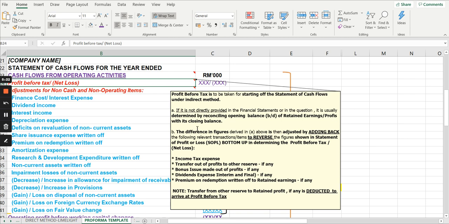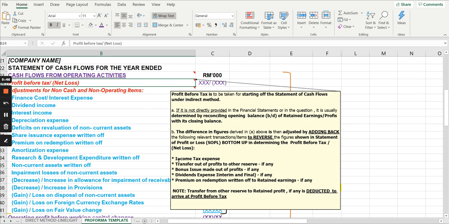The difference between the retained profit at the beginning and at the end of the year will then be adjusted to get the profit before tax, where you add back items like income tax, which you deducted when you prepared the statement of profit or loss.